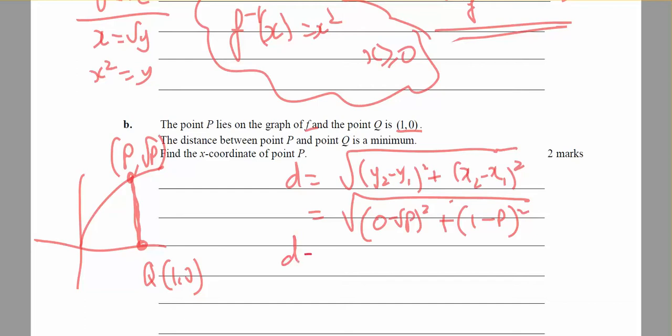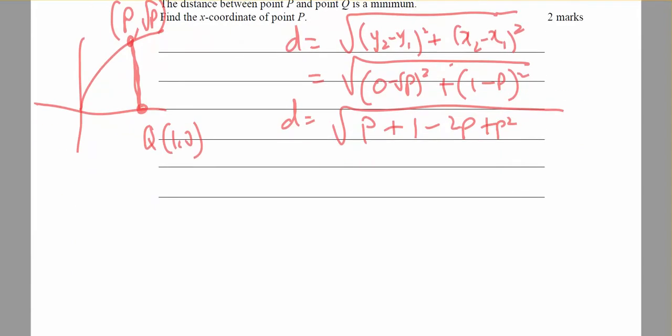Okay, so that's going to be the square root of, minus root p squared is p, plus 1 squared is 1, minus 2 times 1 times p is 2p, plus p squared. So that gives me the square root of p squared minus p plus 1.